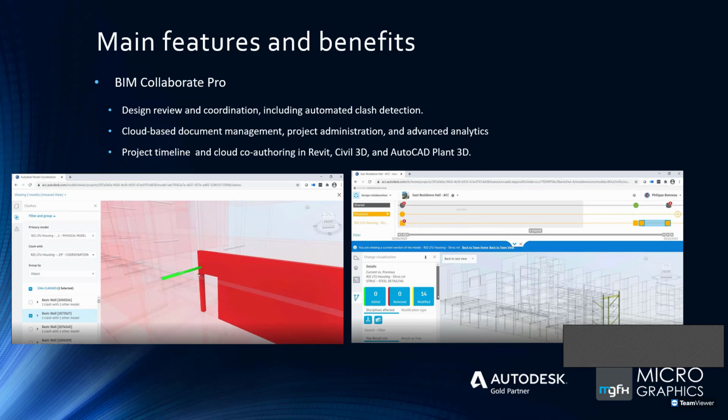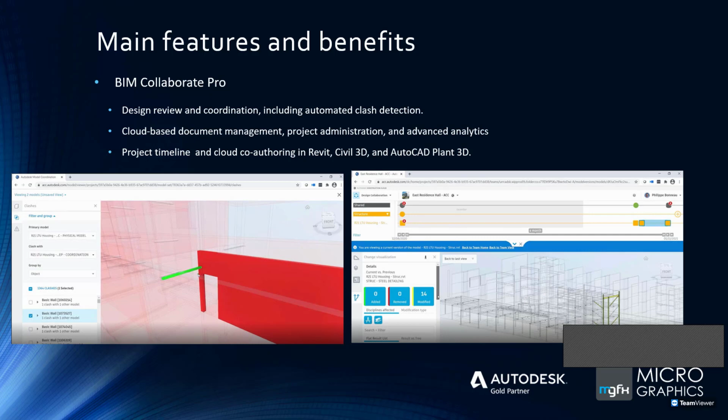If I think of an MEP engineer, and an architect has published his set, the MEP engineer will then consume that data or model and link it into his clean file, and then he will see the architectural model, and he will just add his ducts, pipes, etc., and then unlink it, and he will then upload his pipes as a published version 1. The architect will then see that in this timeline and consume it, and check clashes, etc., and so the discussion begins.